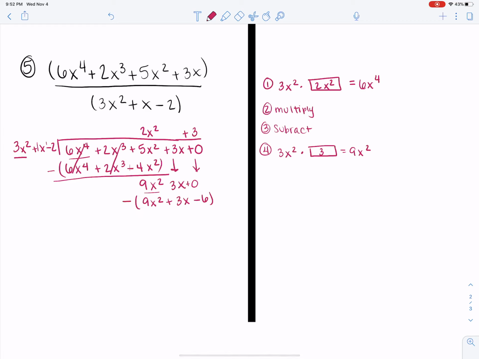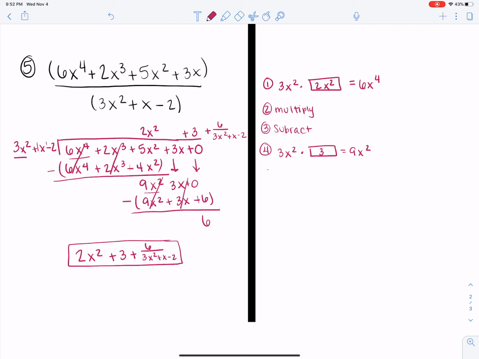Remember, you're subtracting. 9x squared minus 9x squared is nothing. 3x minus 3x also cancels. 0 minus negative 6 turns to plus. And we have a positive 6 left over. So we're going to add 6 over 3x squared plus x minus 2. So my quotient, the answer when I divide, is 2x squared plus 3 plus 6 over 3x squared plus x minus 2.